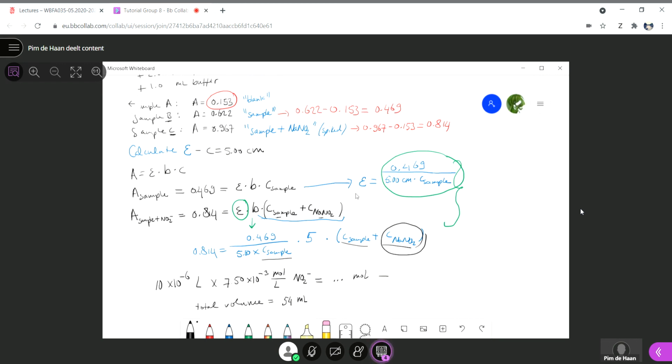So we take this number of moles, divided by 54 milliliters. Then we get a concentration of sodium nitrite that is, where is it? There, 1.39 times 10 to the minus 6 molar.